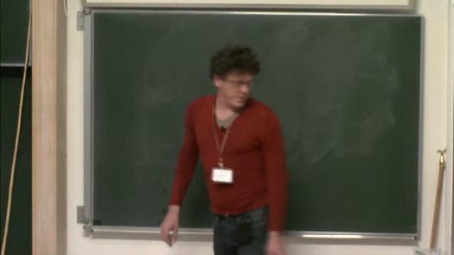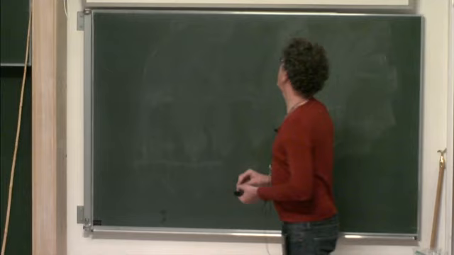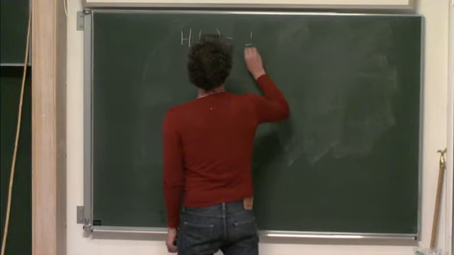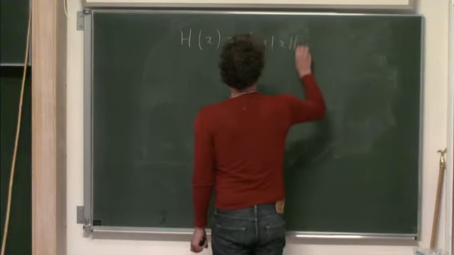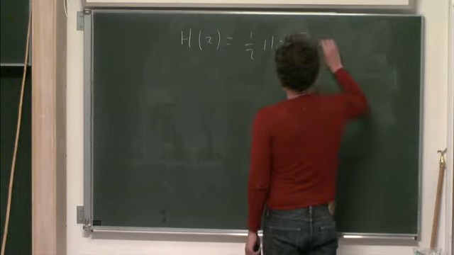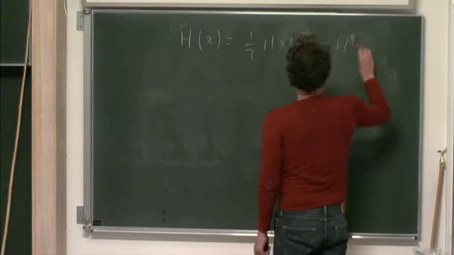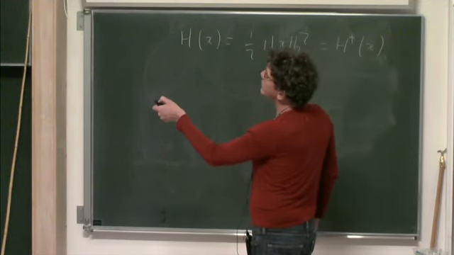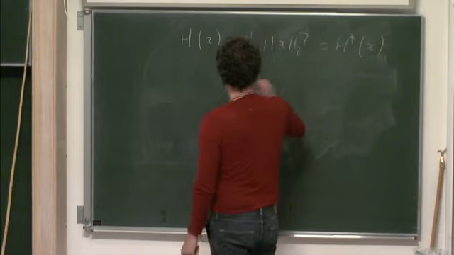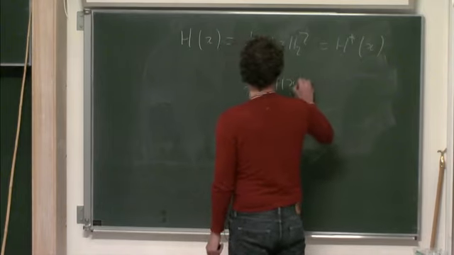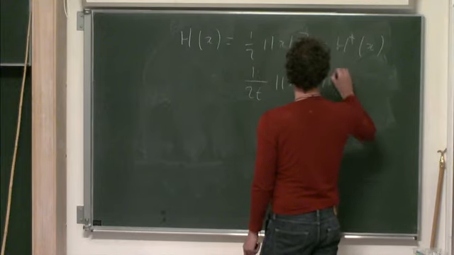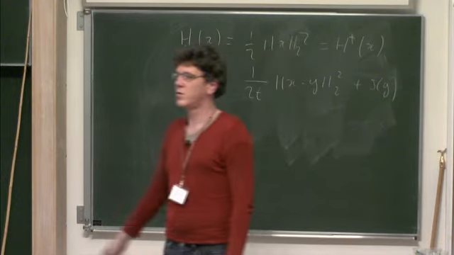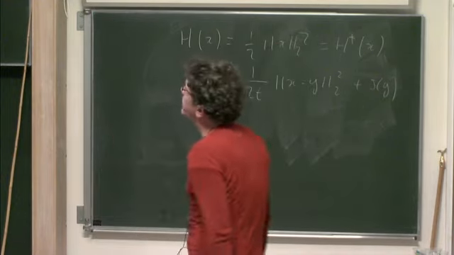If I take H to be quadratic, then this will also be H star of x. So if I plug that here, then you get 1 over 2t norm of x minus y squared plus J of y. So this is the Moreau envelope of J.